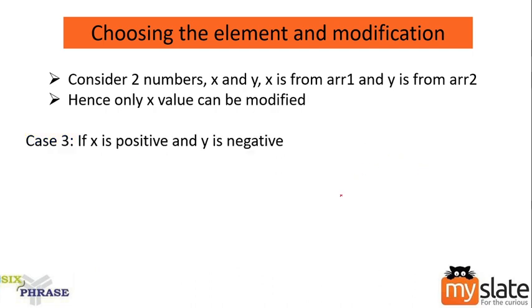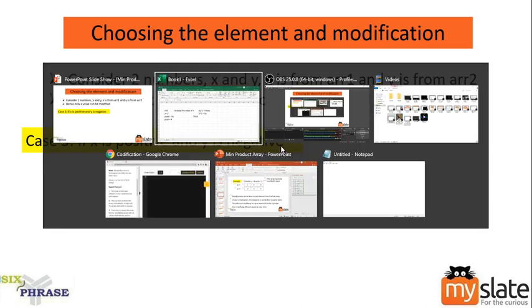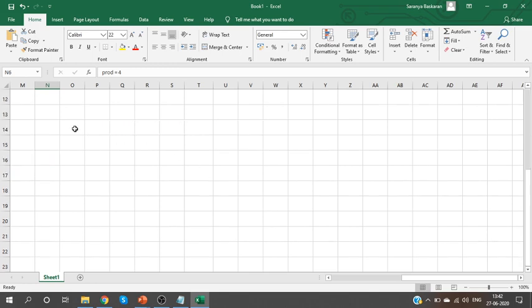Clear? Next case, x value is positive and y value is negative. So what will be the product? The product will be minus 6. I think you will know what to do.